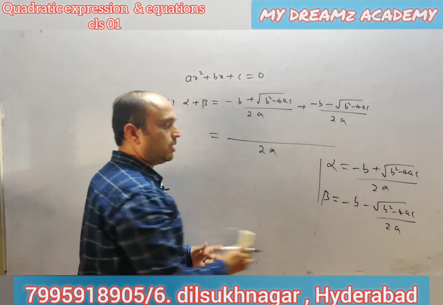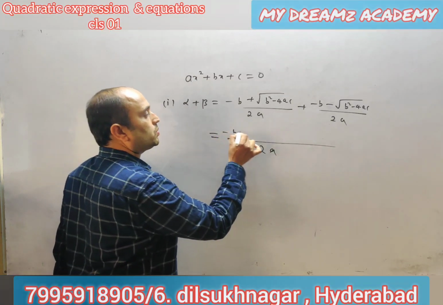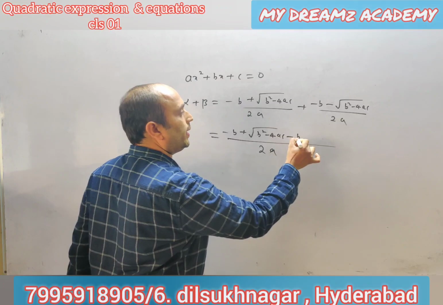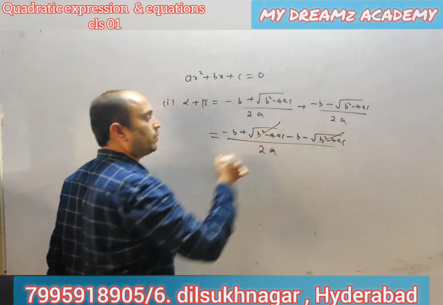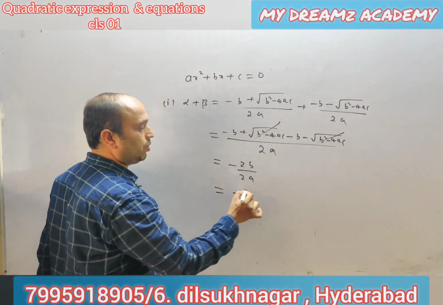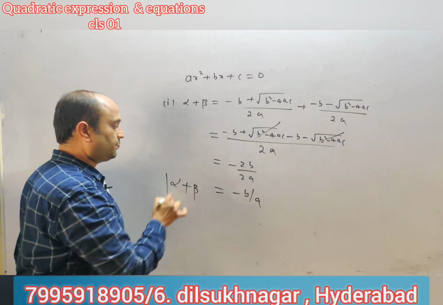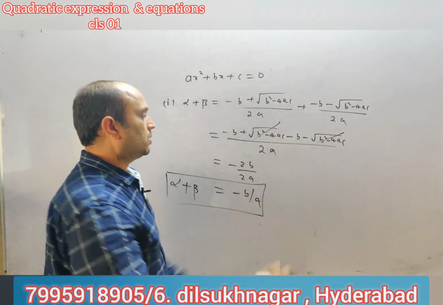Then this becomes minus b plus under root of b square minus 4ac minus b minus under root of b square minus 4ac, the plus and minus get cancelled, giving minus 2b by 2a, that is equal to minus b by a. So this is the sum of the roots: alpha plus beta is equal to minus b by a.